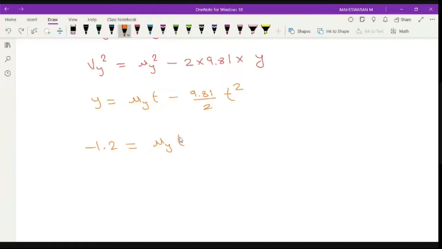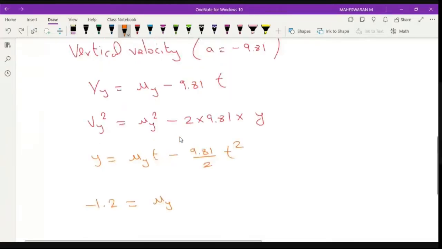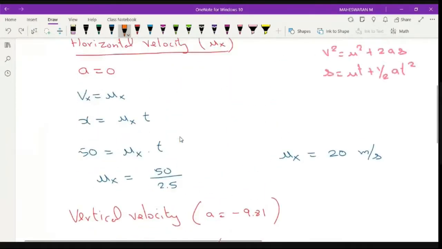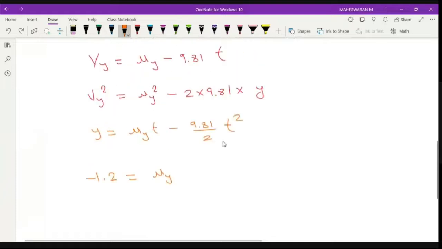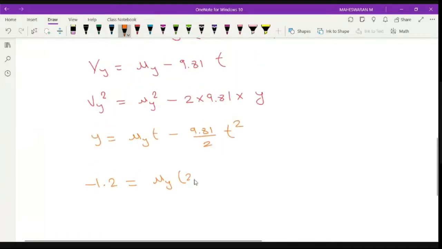T is also known, the time taken is 2.5 seconds. So Uy into 2.5 minus 4.905 into 2.5 square.